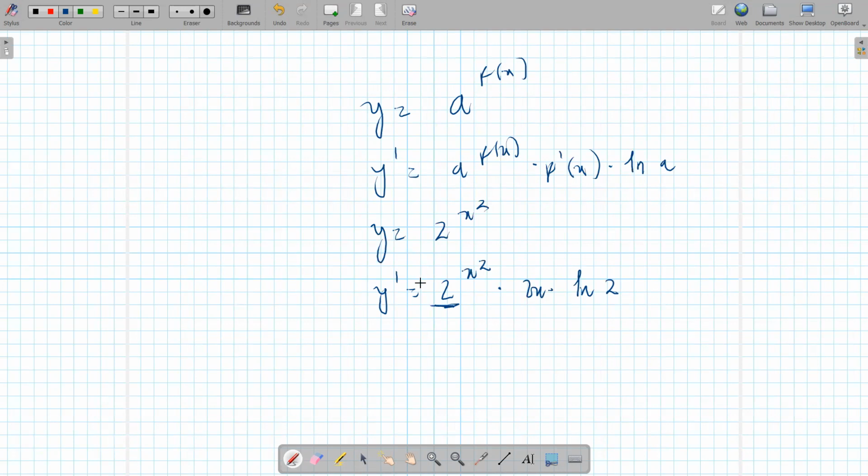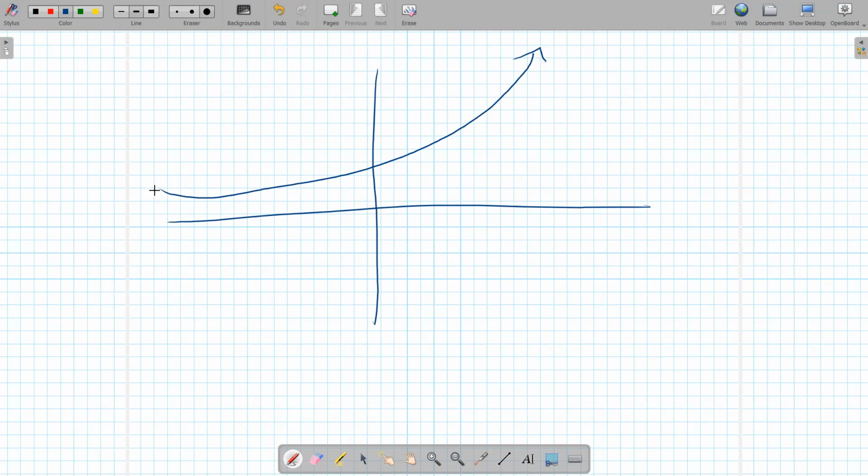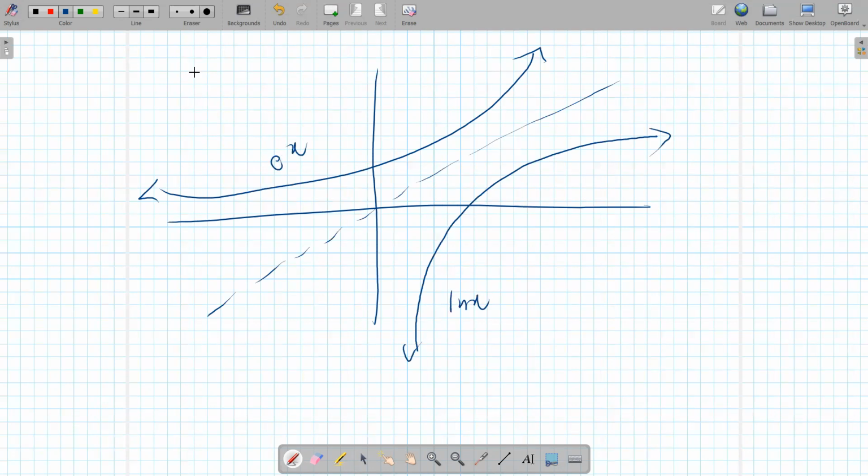What's ln? Ln is the inverse function of e to the x. Ln means the natural log. So e to the x is this function, exponential function going up. Ln of x is the inverse function. This one is ln of x. This one is e to the x. 10 to the power of x looks like this.